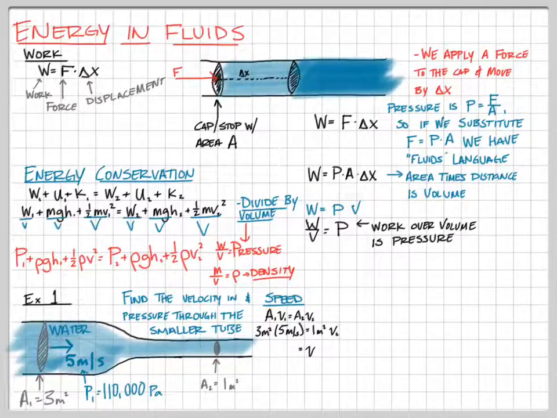So all we're going to do is plug in our numbers for area and velocity, and then solve for velocity 2. In this case, velocity 2 comes out to be 15 meters per second. So my area reduces by 1/3, and my velocity goes up by 3 times. That's important.